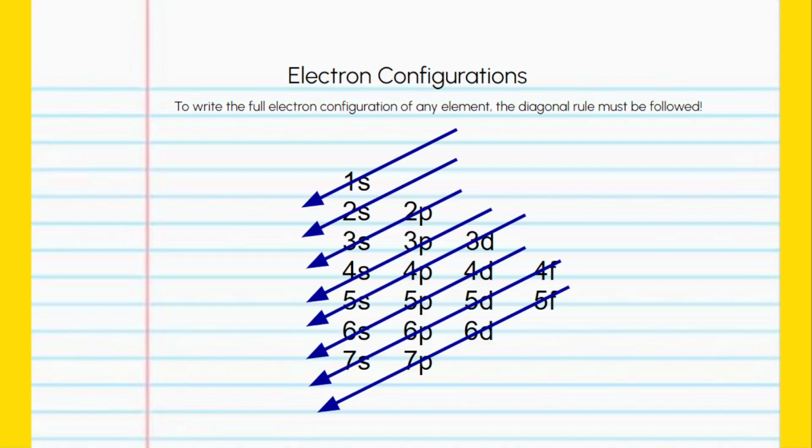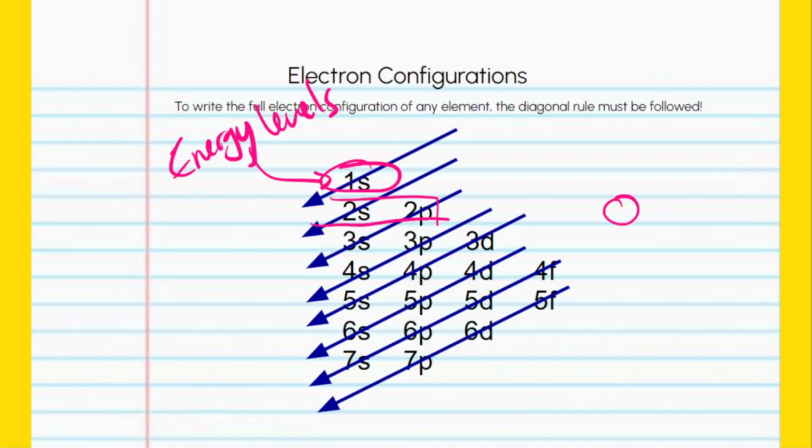Okay, so these ones right here, those are the energy levels. The 1s will have 1 ring or 1 circle. All the 2s, the 2s and 2p, they have 2 circles.